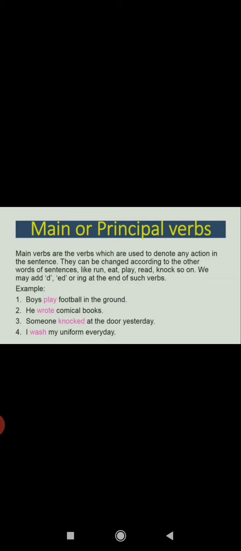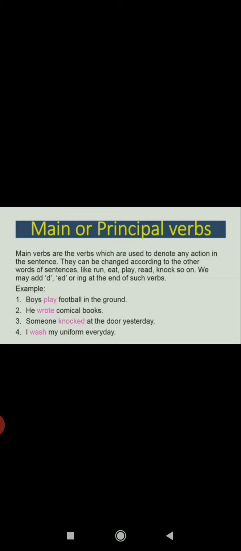So students, main verbs are the verbs which are used to denote any action in the sentence. They can be changed according to the other words of sentences, like run, eat, play, read, knock, and so on.